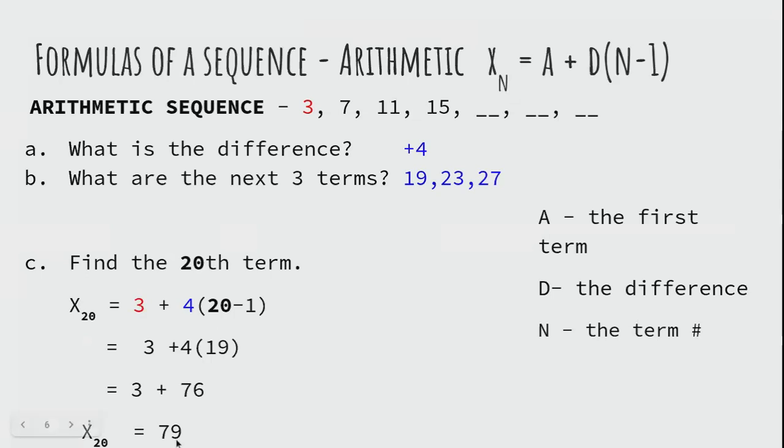So we did the math following order of operations. We did what was in parentheses first, and that's how we got 19. Then we multiplied, that's how we got 76. And then we added 3. So the 20th term of this sequence is 79. So again, the formula just gives you a shortcut to finding terms further down in the sequence. Okay?